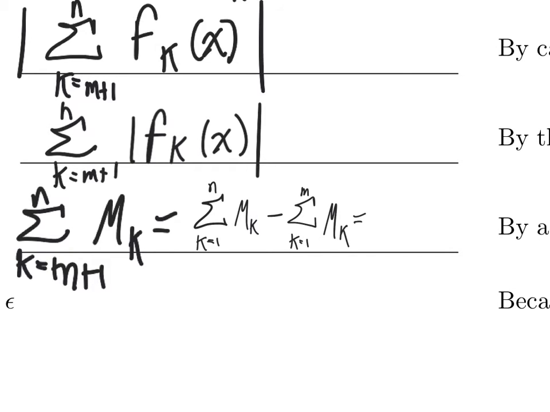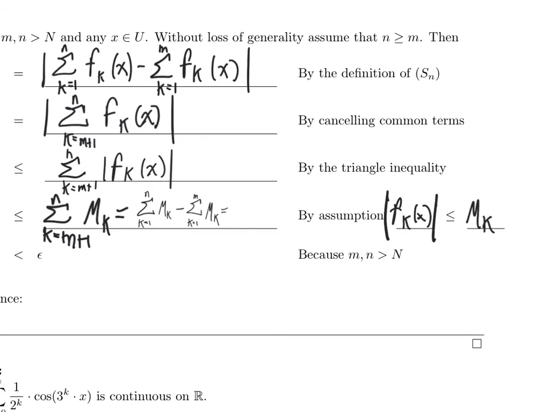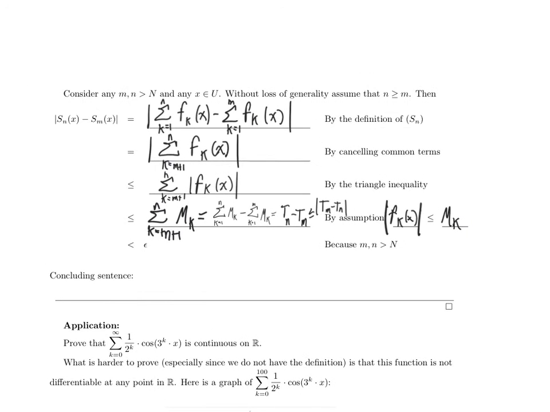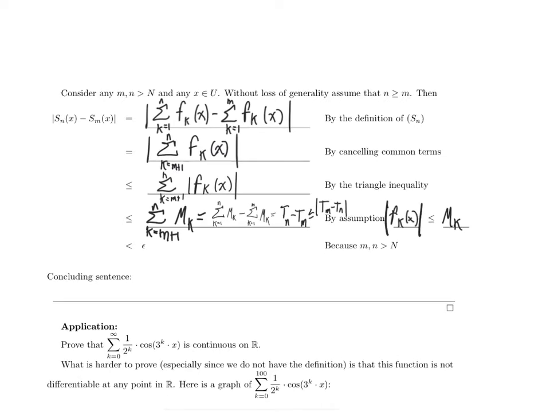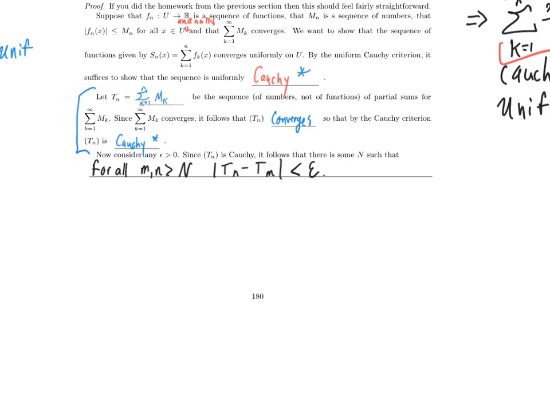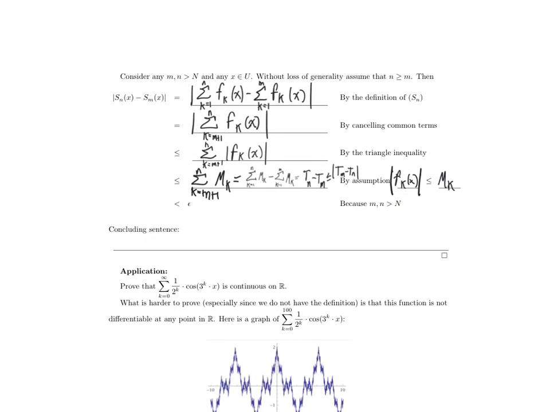But hey, that's exactly T_n minus T_m, which is less than or equal to the absolute value of T_m minus T_n. But m and n are both bigger than big N. I know that whenever little m and little n are bigger than big N, the difference between T_n and T_m is less than epsilon. So that is less than epsilon because little m and little n are bigger than big N.